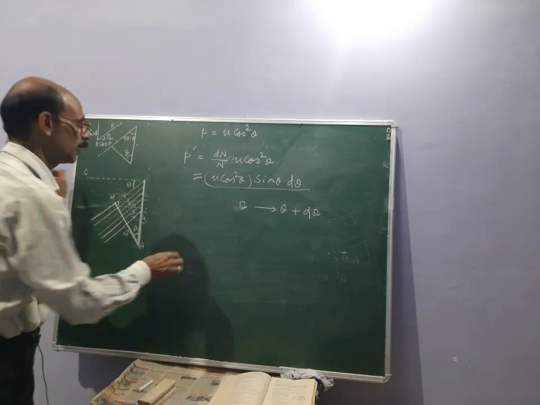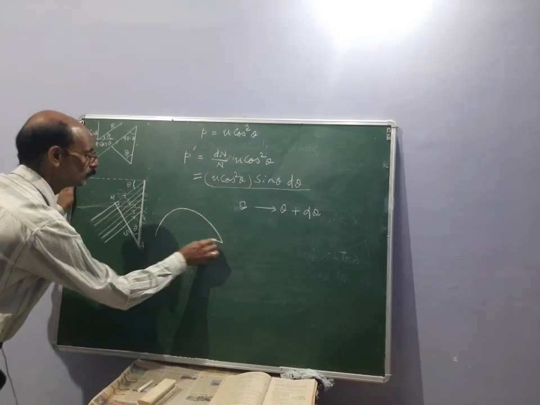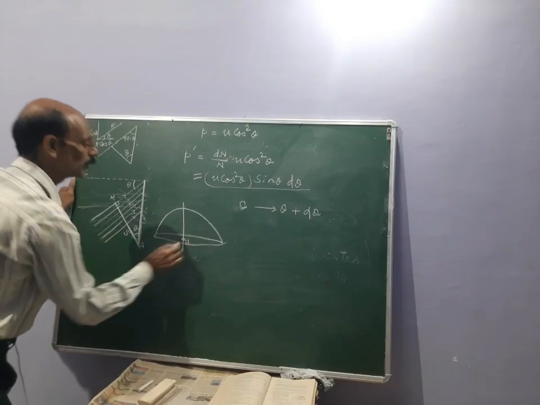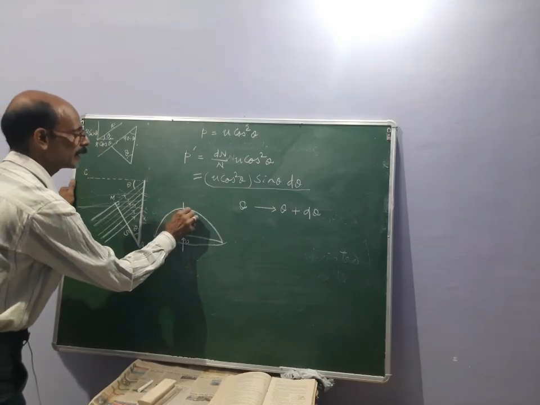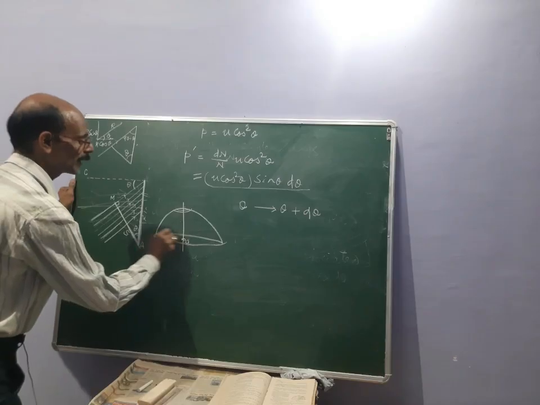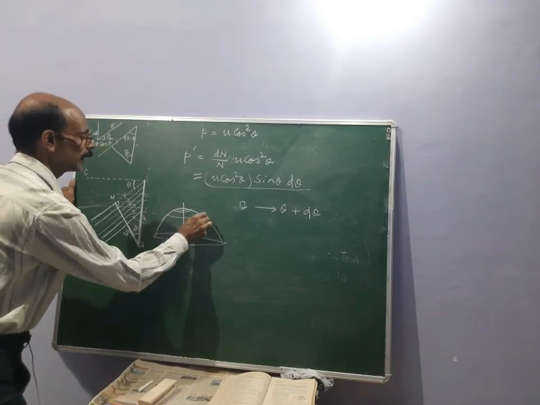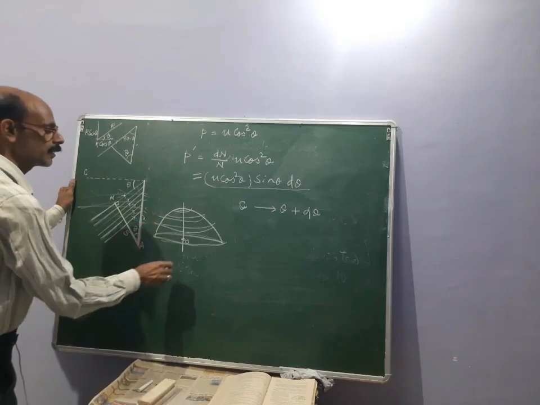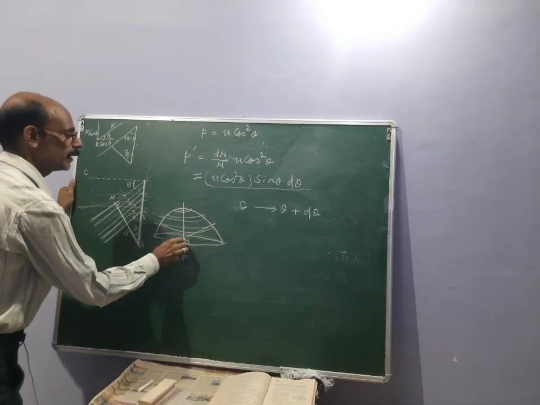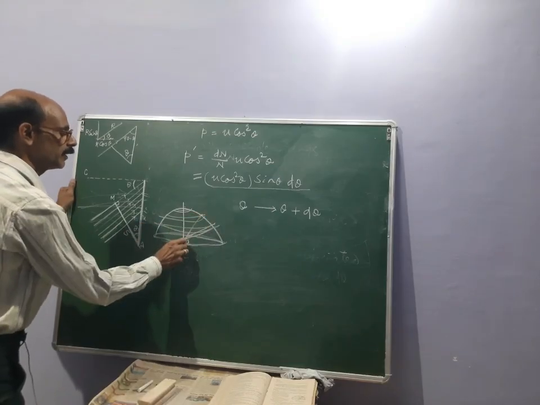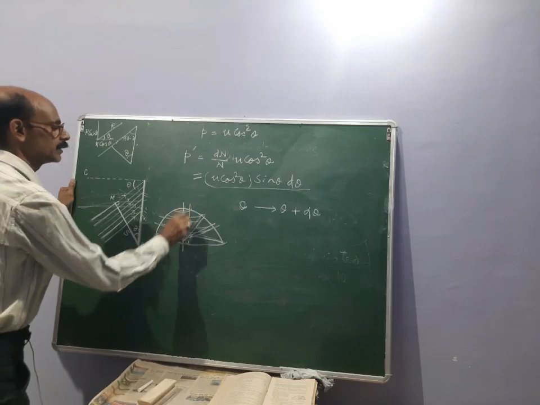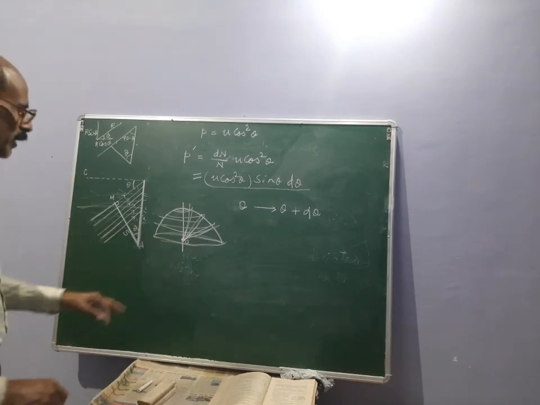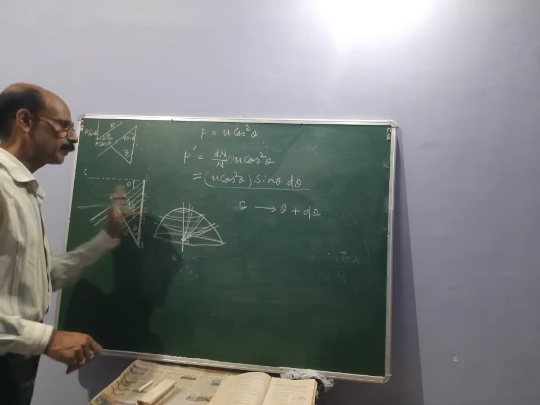Now if we consider the whole hemisphere, then what will be the pressure? A student can consider a ring here, another can consider a ring here, another a ring there. So θ will vary according to the consideration of the ring. But within what range will θ vary? From 0 to π by 2.